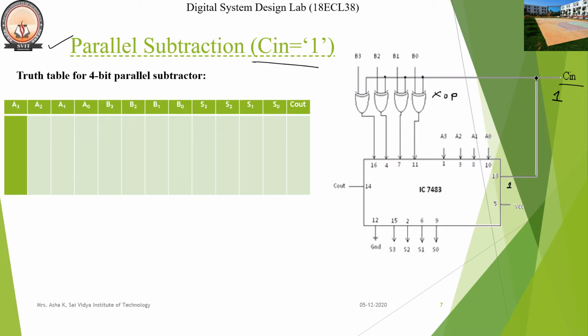Also, if we just observe here, all the Cin bit is connected as one of the inputs to the XOR gate, and whatever the inputs that we are connecting to B3, B2, B1, B0 will give us the complement of this particular bit. This is B3 dash, this is B2 dash, this is B1 dash and this is B0 dash. Let us assume and consider analysis of this.